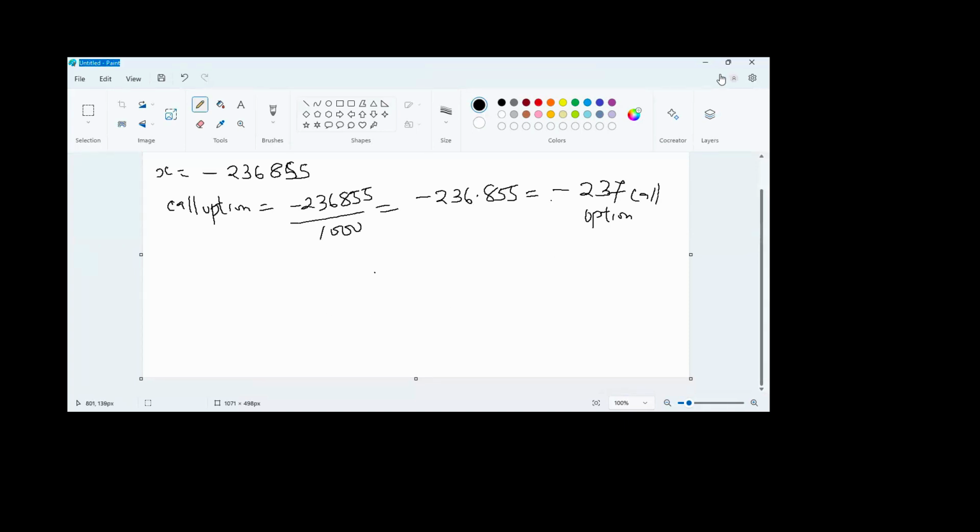Now, the negative sign has a meaning. The examiner asks whether we are going to purchase or sell, so you must comment. Once there is a negative sign, it indicates sell.